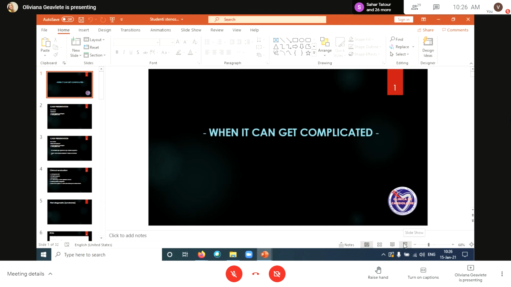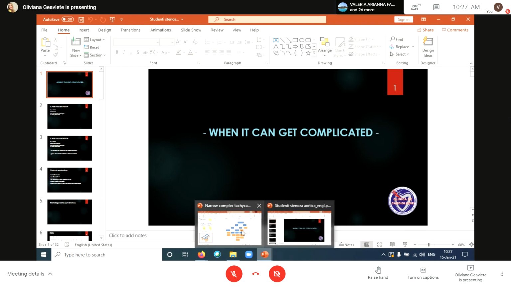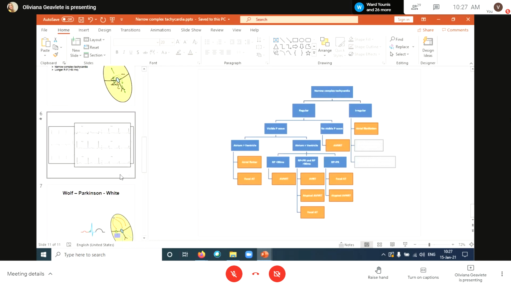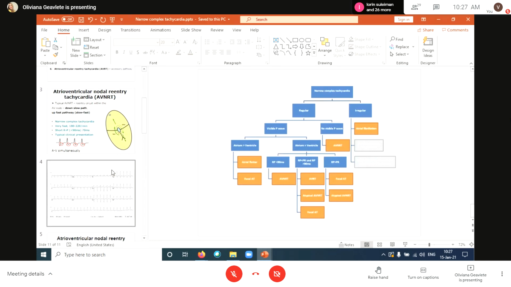It was related more to the AVNRT, between the typical and the atypical, because I've seen some people say that in the inferior leads we have negative P waves, and in V1 we have positive ones, like in leads 2, 3 and aVF.